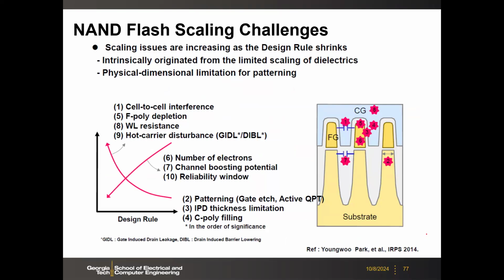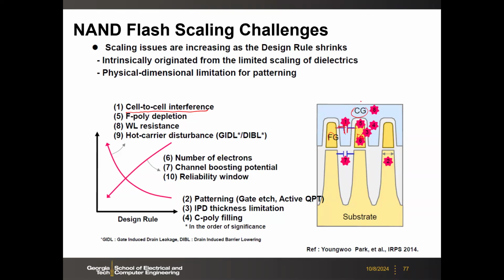There are challenges listed in this slide, but I would say there are a few key challenges. The first one is the cell-to-cell interference, or cell-to-cell coupling. This is very significant. When you are looking at the 2D NAND, here you have the floating gate and control gate, and you share the word line, for example. Then from one floating gate to another floating gate, you have this coupling capacitance, a parasitic cap.